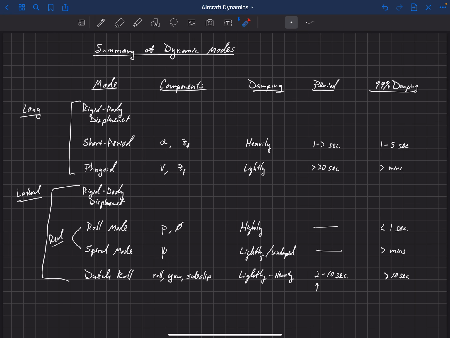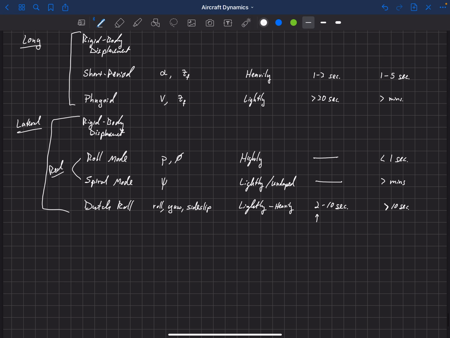Now I want to just mention two more things here. One of the things is we've assumed in our analysis here that the aircraft is a rigid body. So I'm just going to say a couple of assumptions to keep in mind in the analysis that we've performed here. So the first is that it's a rigid body, and so we've neglected any flexibility of the aircraft.